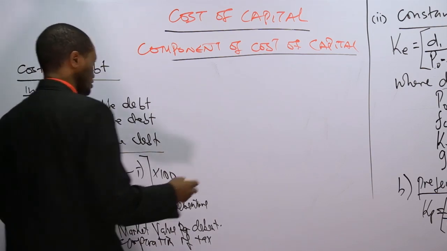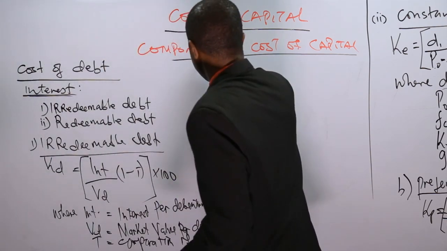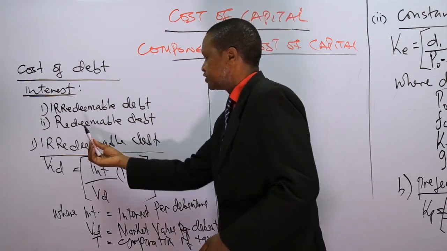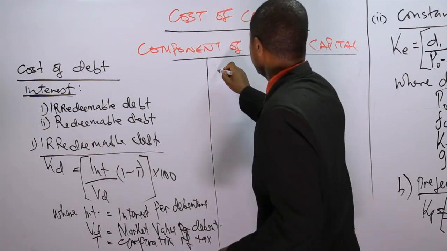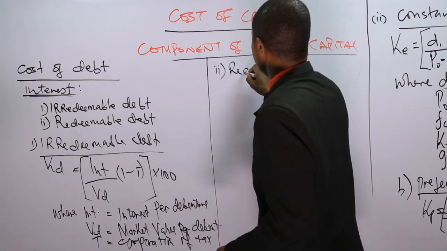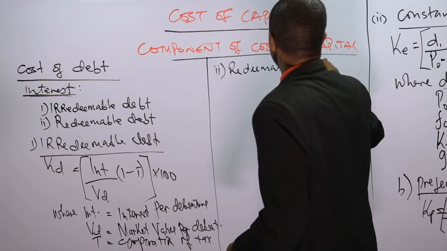Then for the redeemable debentures, how do you determine the cost of redeemable debentures or debt?